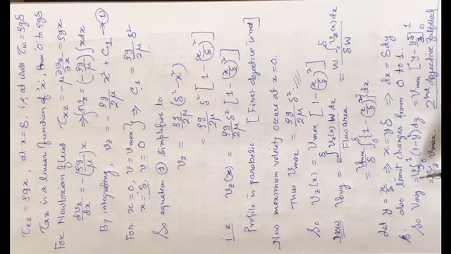Therefore V average is equal to V max into the integral from 0 to 1 of 1 minus y square dy, which is V max into y minus y cube by 3, from 0 to 1. For 0 it vanishes, and for 1 it is 1 minus 1 by 3, which becomes 2 by 3. So 2 by 3 into V maximum. This is the second objective of our discussion.